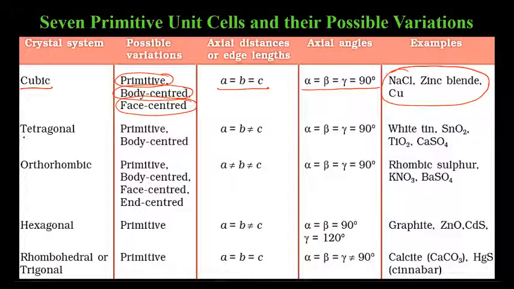Then another possibility is tetragonal. And these shapes we will actually see by diagrams, okay? Tetragonal shape will have 2 sides equal. The third side will not be equal. All angles will be 90 degrees. It means it is actually a cuboid. So tetragonal is actually a type of cuboid because in a cuboid you have 2 sides equal.